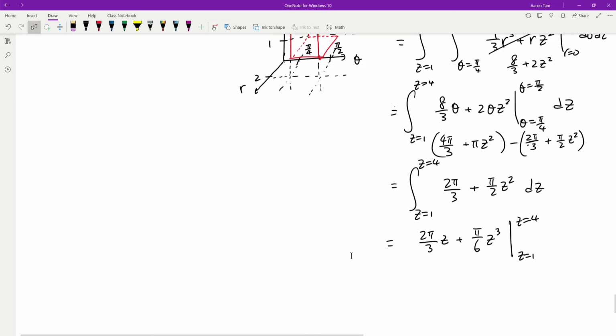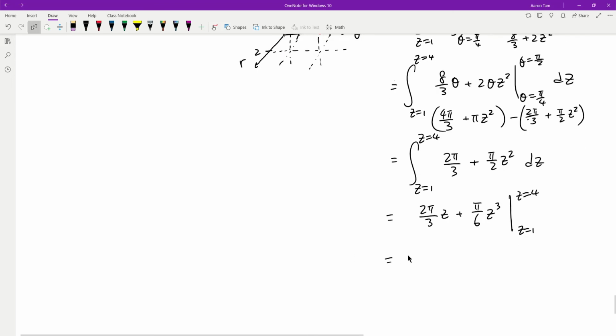If I put in 4, I get 2 pi over 3 times 4, which is 8 pi over 3, plus 4 to the third over 6 times pi, which would be 32 over 3 pi, minus, when I plug in 1, 2 pi over 3 plus pi over 6.